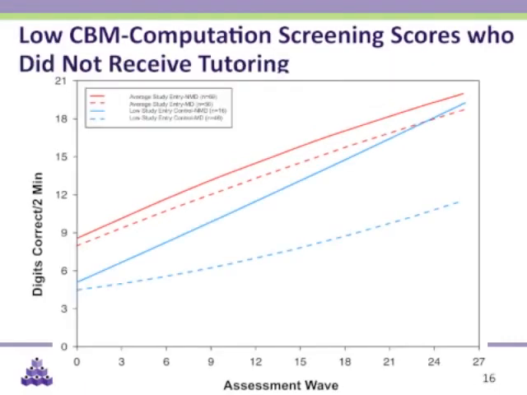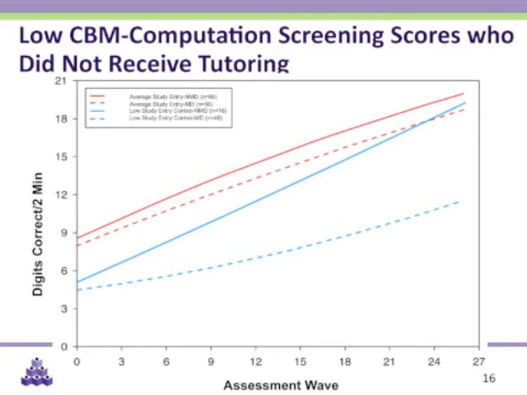If you look at these blue lines, what you see are students who failed the first grade screen. They were our at-risk students in this study. These two lines include the students who were randomly assigned to participate in the control group.